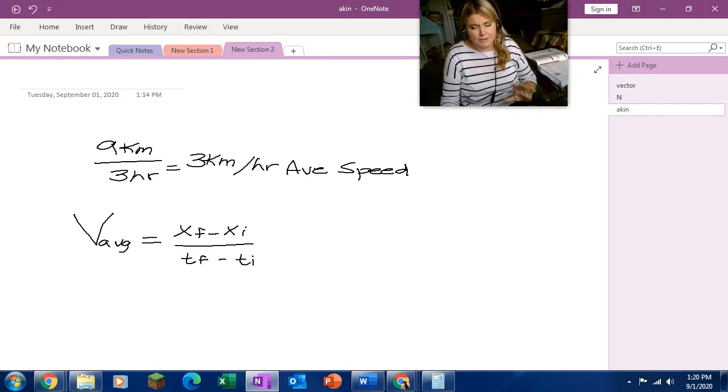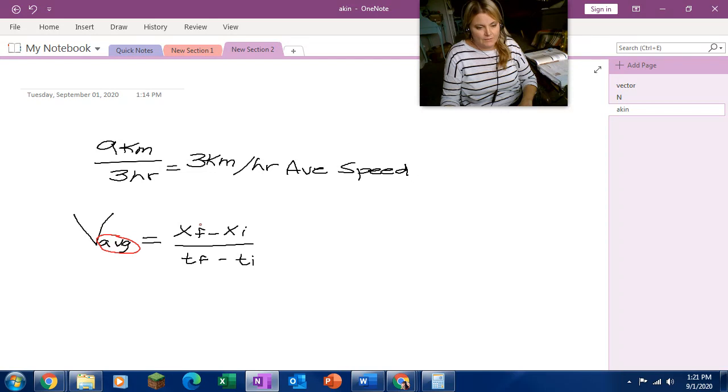So we got some kind of weird denotations here that you may not be familiar with. So let's look at those. Our subscripts indicate a specific subgroup of that measurement. So we're looking not just for velocity, we're looking for average velocity.